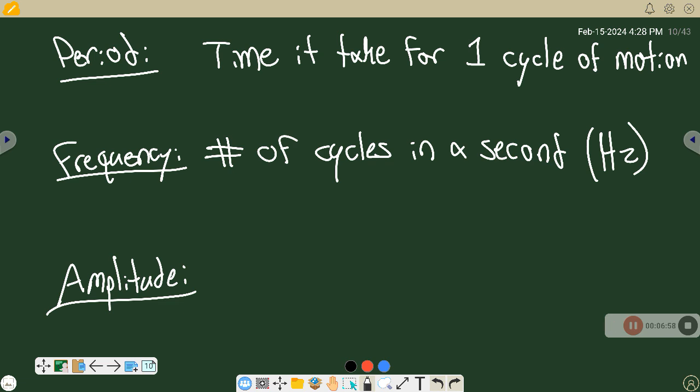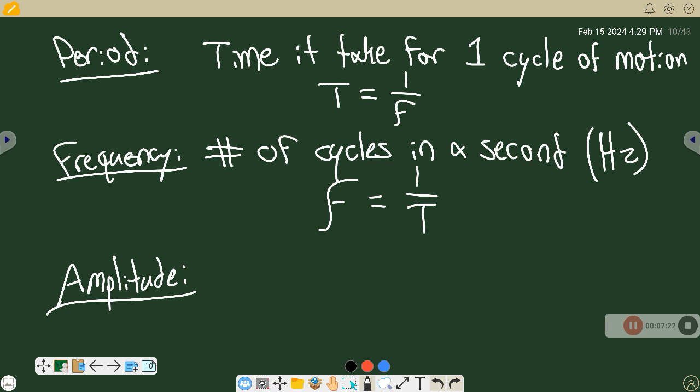They're actually inversely related, meaning that if I needed to figure out the frequency, I could just take 1 over the period to solve for that. Or if I was looking for the period, I could take 1 over the frequency to solve for it, okay?